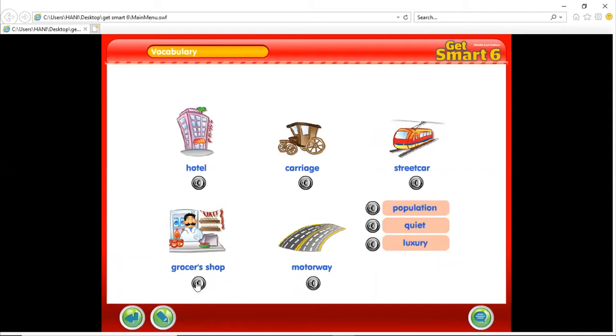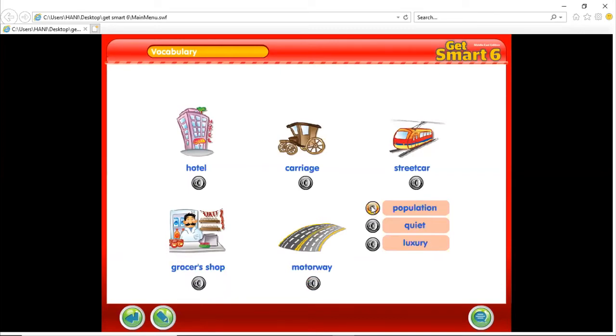Number 3 and number 4, grocer's shop, someone who has a shop to sell items that we go and buy things from him. Motorway, the highway or the motorway, a big road.